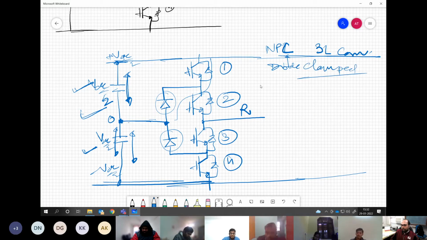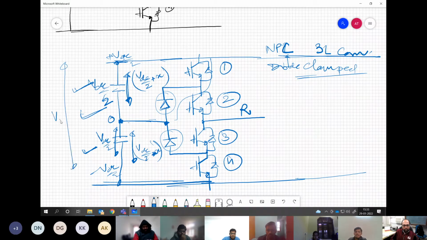Okay, so I leave this exercise up to you. Just figure out from some literature or other places why this is called clamp. What is happening if, let's say, instead of this voltage being VDC by 2, it becomes VDC by 2 plus X? Naturally the bottom half will have VDC by 2 minus X. Total is still VDC.